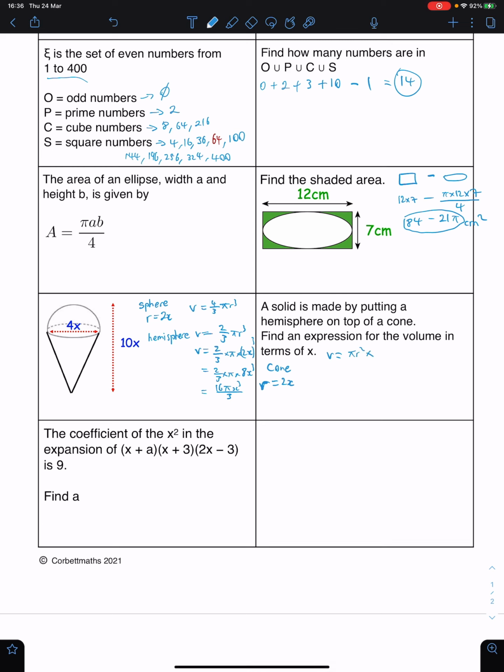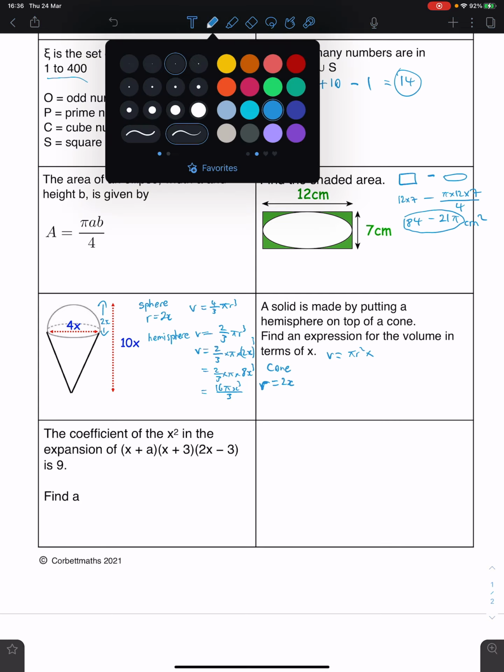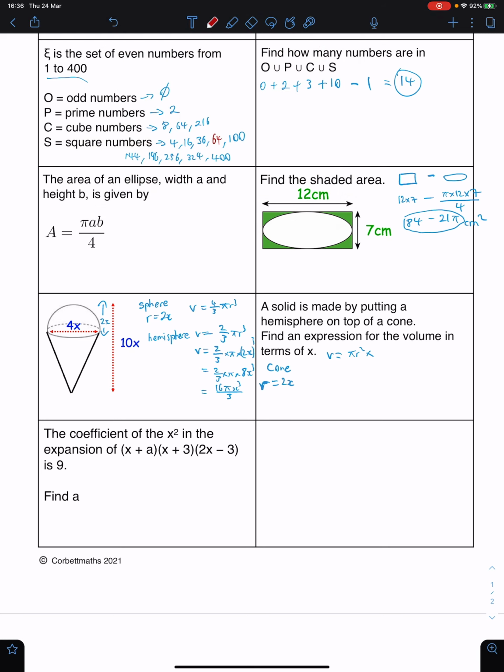Now note that on this cone, if the radius is 2x, that means that 2x here is also going to be the height, because the radius is consistent, right? And that's from any center straight out to the circumference, essentially. So if that bit is 2x, that means the remaining height is going to be 8x.